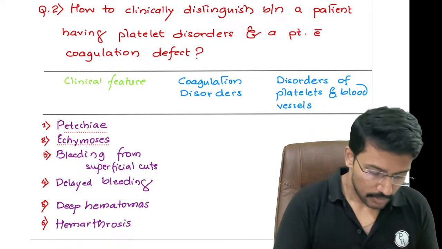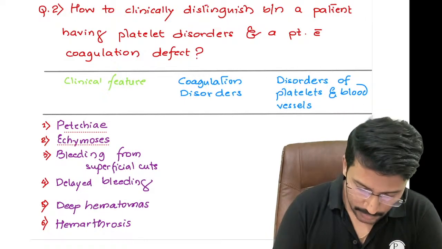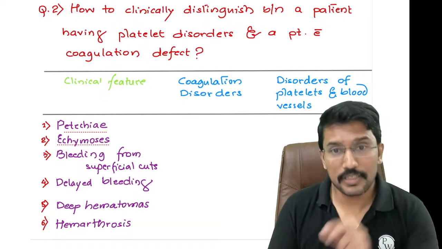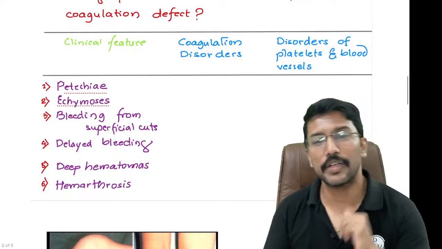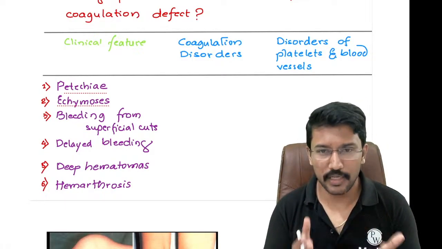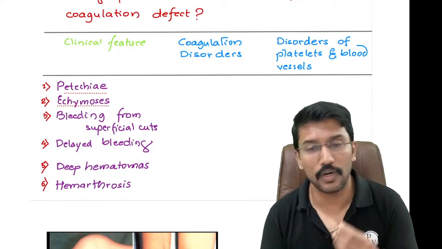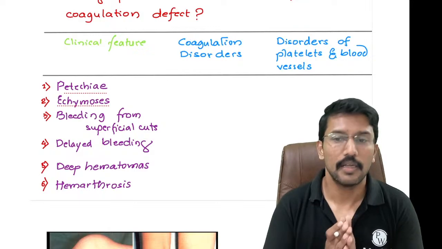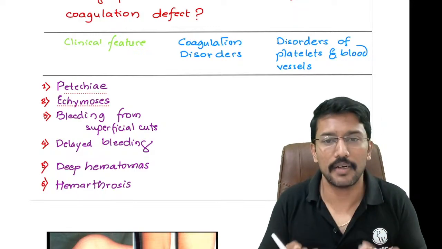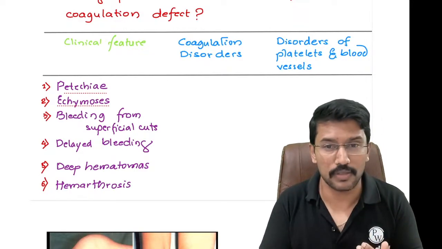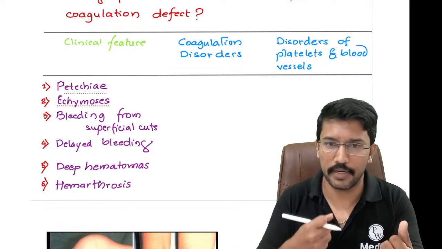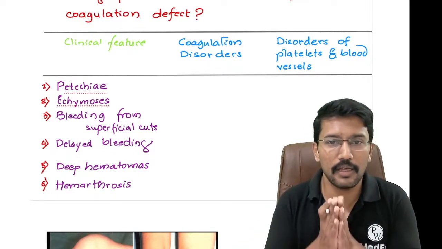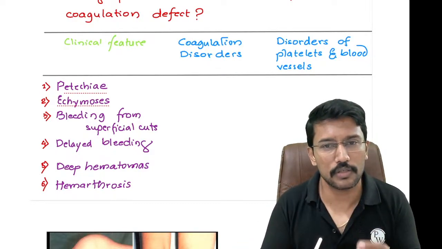Okay, so petechiae are very typical of disorders of the platelet and blood vessel. That is why when you say dengue, right, many dengue patients develop petechiae, and you even do a test called tourniquet test. If the petechiae are not evident at the time of presentation, you try to induce it by tying a tourniquet and elevating the blood pressure, right? So petechiae is very typical of disorders of platelets.